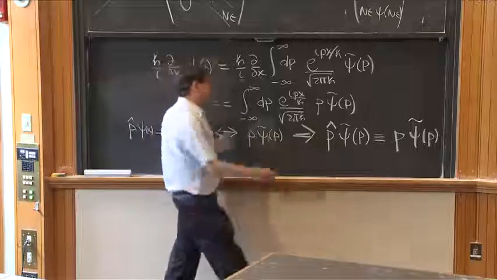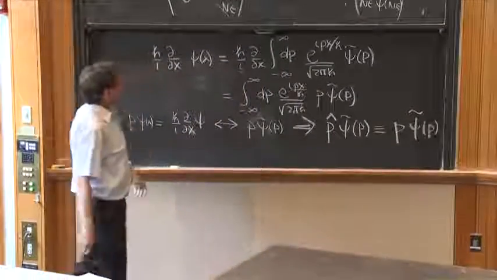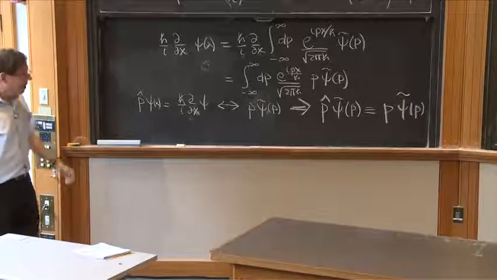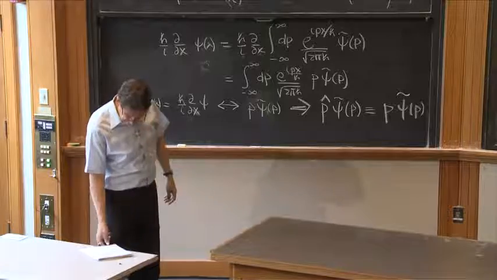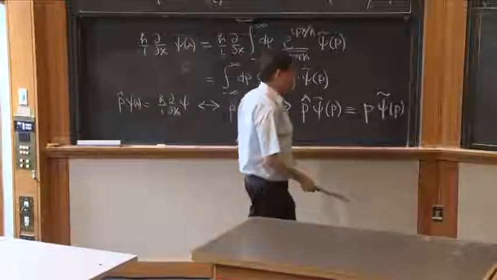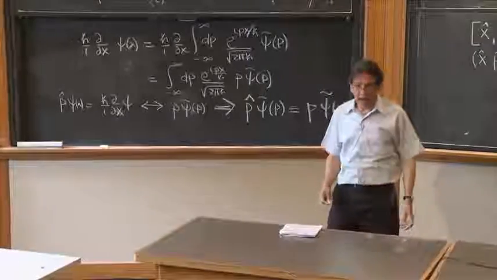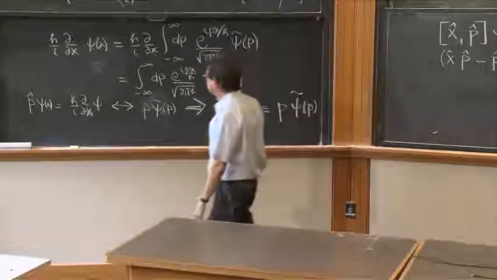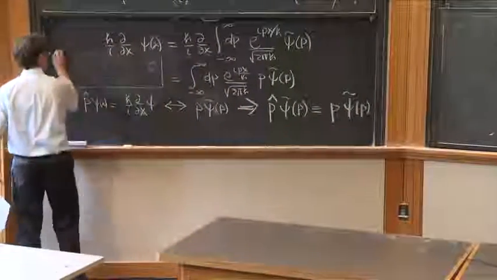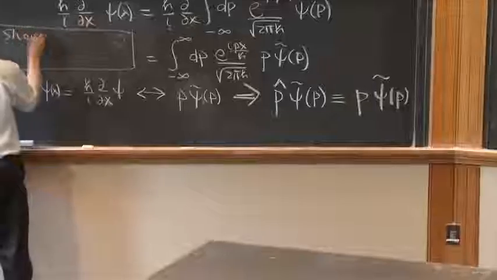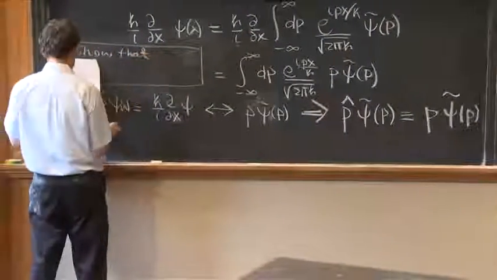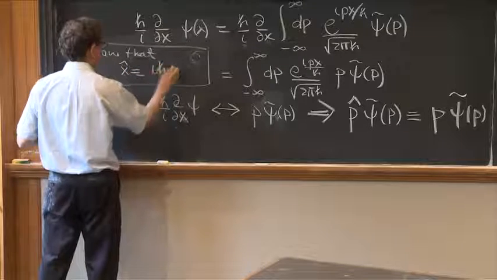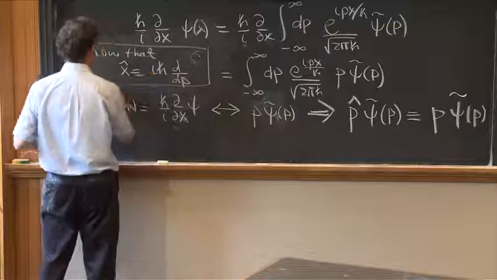In momentum space, it's multiplicative. So in position space, x is multiplicative, but in momentum space, x would not be multiplicative. x would also be a derivative. So I leave it for you as an exercise to show that, or convince yourself in several ways that x hat is really i h bar d/dp in p space.